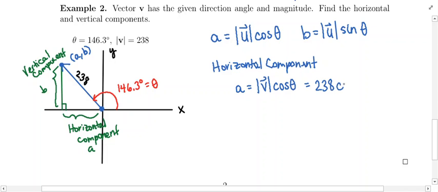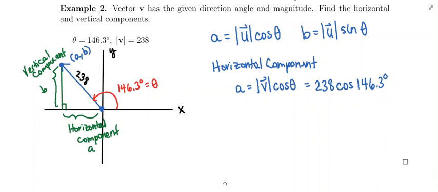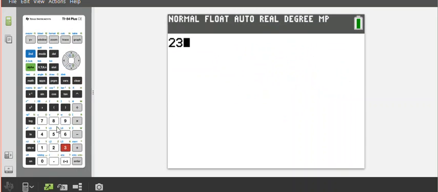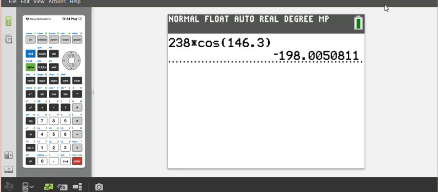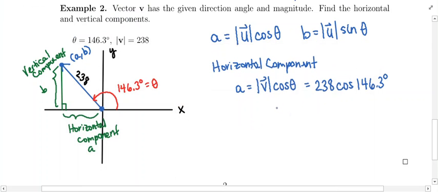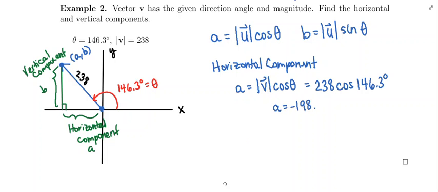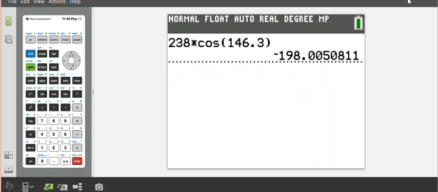We need to multiply that by the cosine of the direction angle, which is 146.3 degrees. Let's pop this into a calculator. We've got 238 times the cosine of 146.3 degrees. Make sure you're in degree mode. And then here is the component. I'm just going to write this out. So negative 198.005.